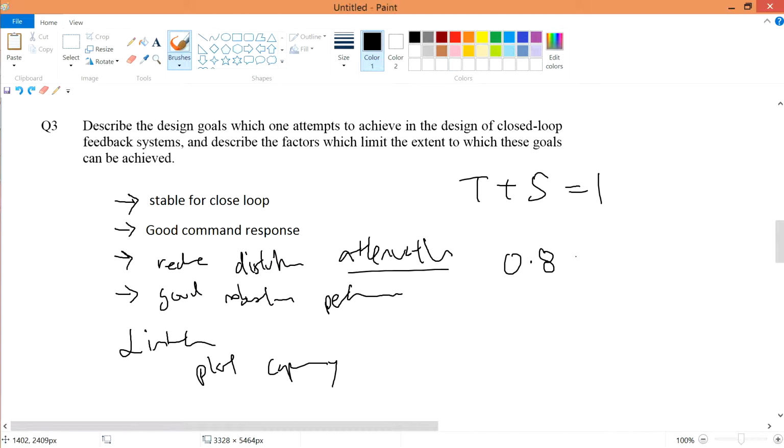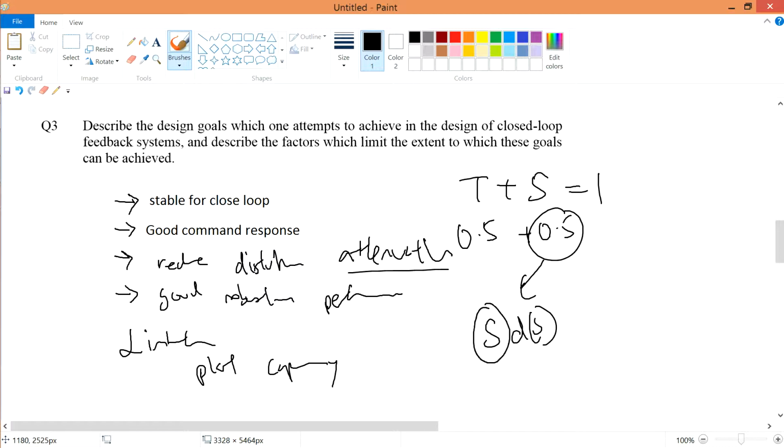The next thing is that this will also relate to your disturbance, because if your plant capacity is 0.5 or anything larger than that is unstable, then you're going to have an S of 0.5 also, which is multiplied for ds, if you still remember, right? If this increases, you're going to amplify your disturbance, and therefore you're also going to worsen your disturbance.